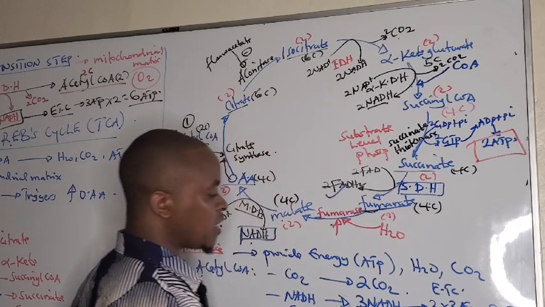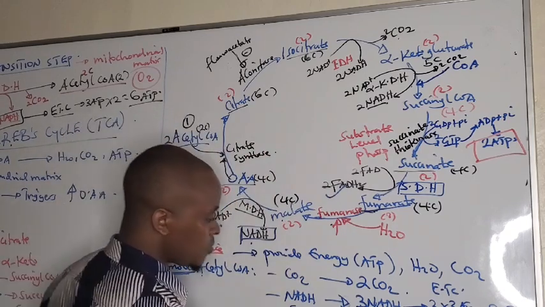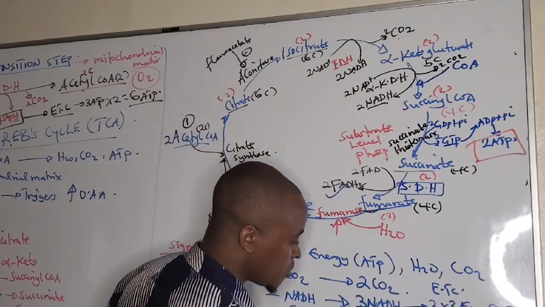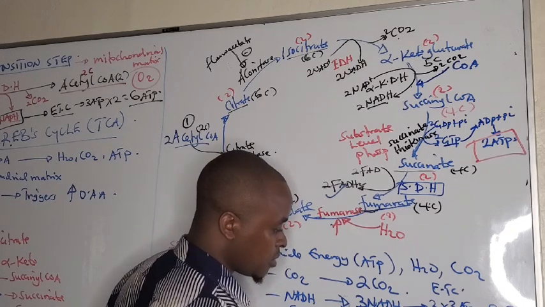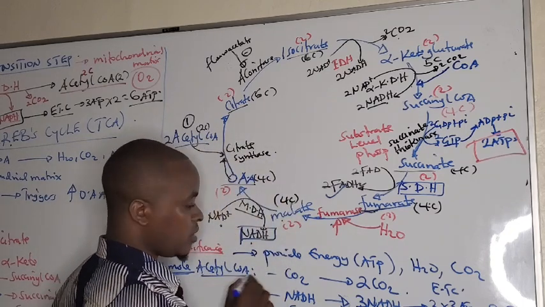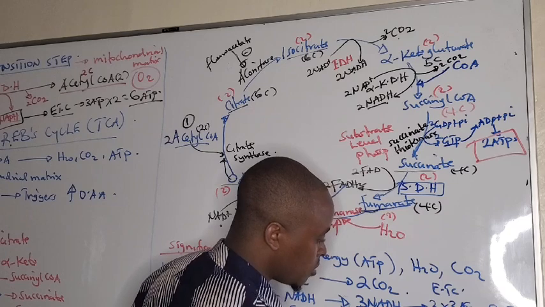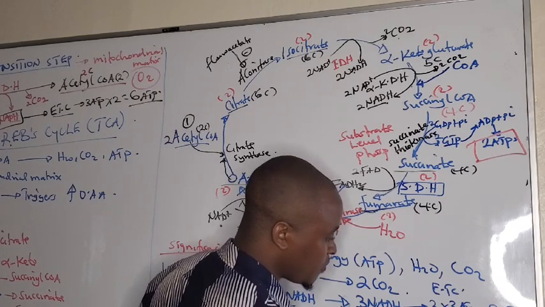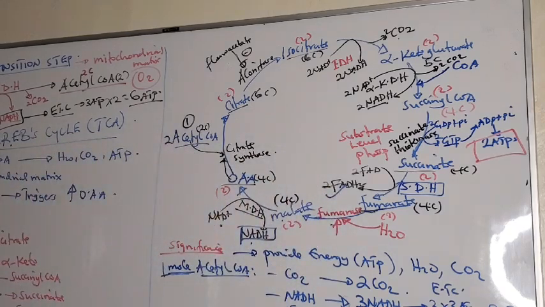So 1 cycle of Krebs, using 1 molecule of acetyl-CoA, produces a total of 12 ATPs.